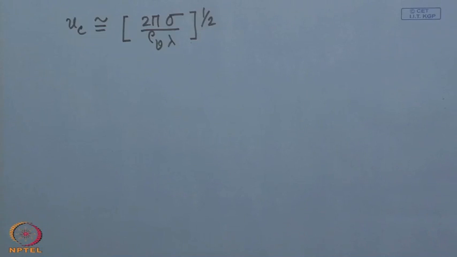Now, this relative velocity has been calculated from the Kelvin-Helmholtz instability and from the wave theory. There is another way of calculating the relative velocity. What we can do? We can calculate the relative velocity by physically estimating the vapor velocity, which is in the upward direction, and the liquid velocity, which is in the downward direction.